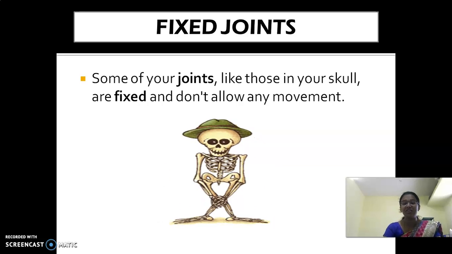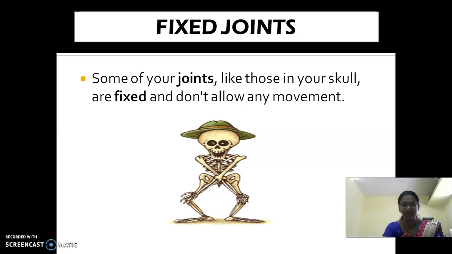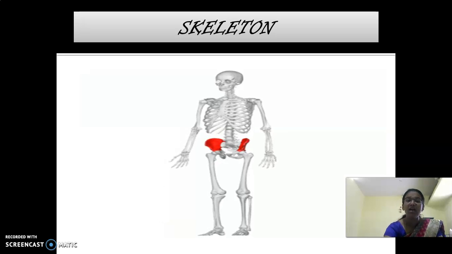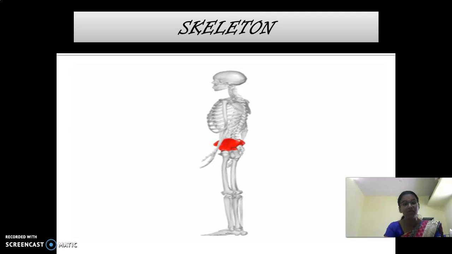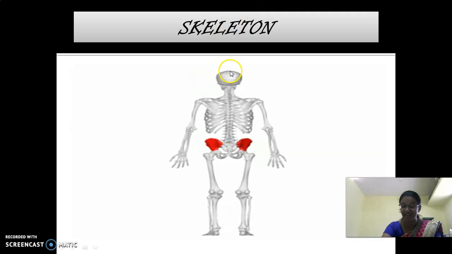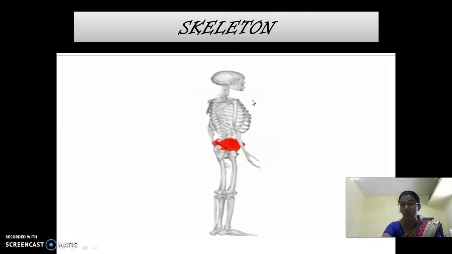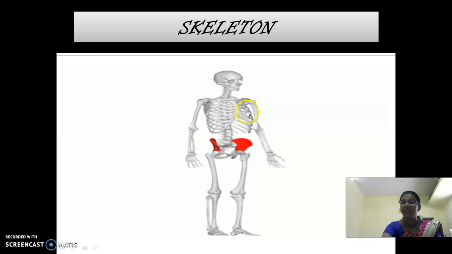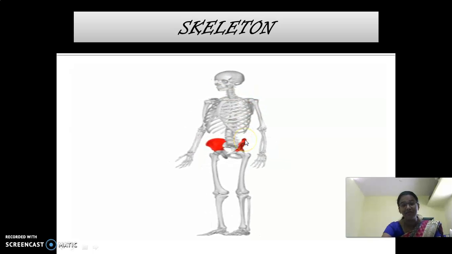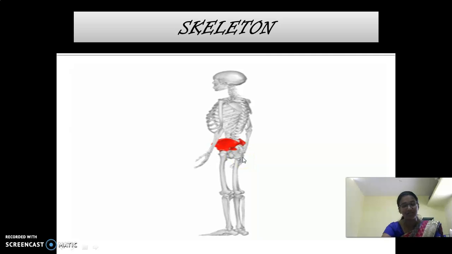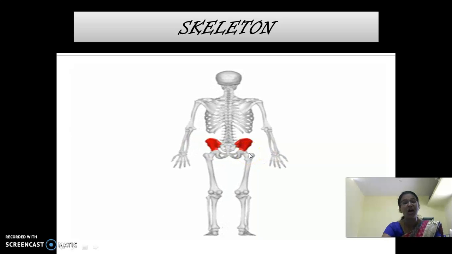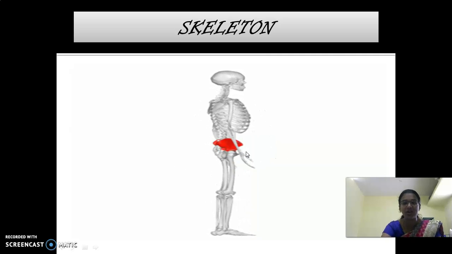Then you need to write about the skull, shoulder bones, backbone, rib cage, pelvic bone, and carpals. These are all the points which you have to write in fixed joints.